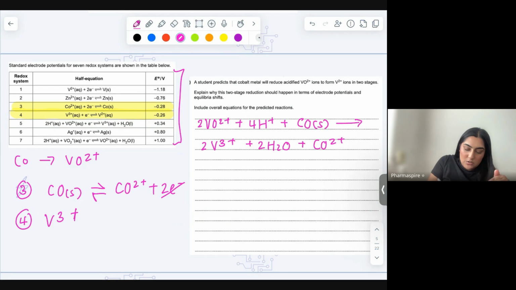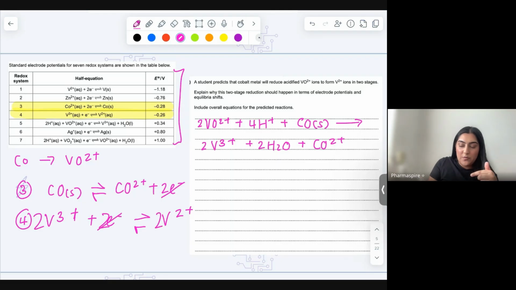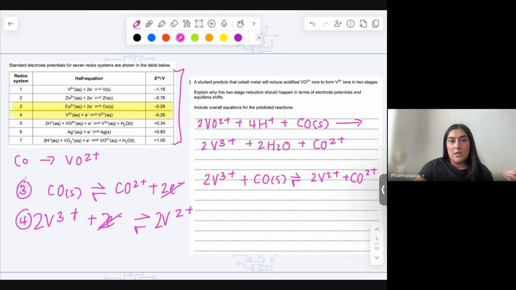What do I need to do to the 4th one? Yeah, exactly. So 2, 2, 2. Now these cancel out, we follow the forward. So we do 2V3 plus, there's nothing left, we pick up from the top. CO solid gives you 2V2 plus CO2 plus. That's done. That's your 2 marks out of the way.